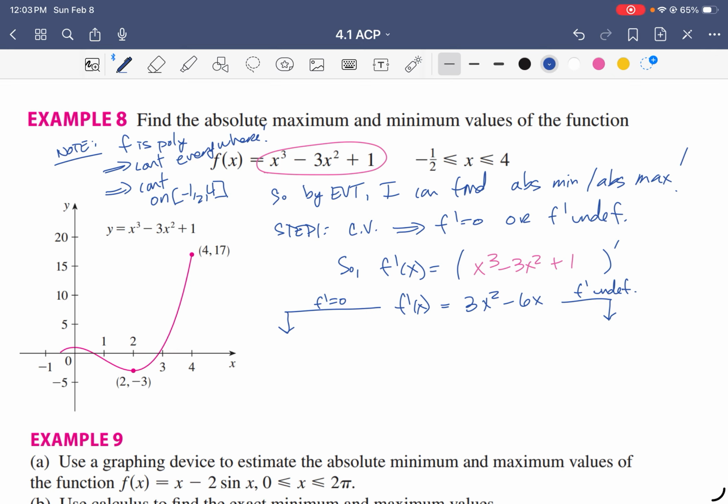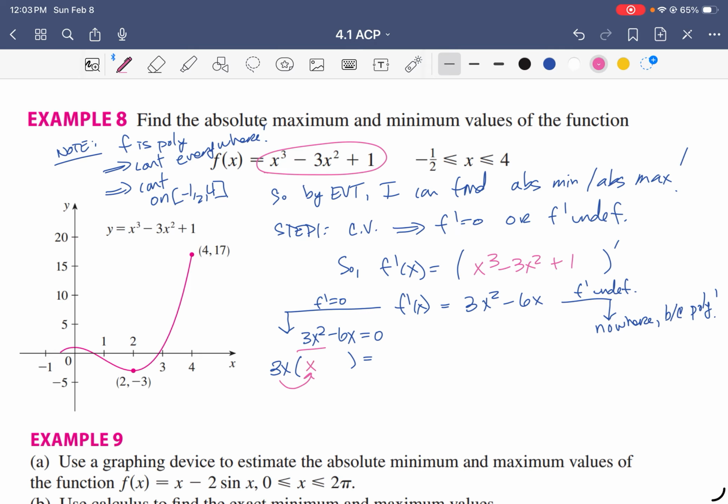Well, this derivative is undefined nowhere because it's a polynomial. It's going to make sense everywhere. And then I set the derivative equal to 0. So how do I solve something equal to 0? I factor. I can pull out a 3x, and I think to myself, 3x times what gives me 3x squared?